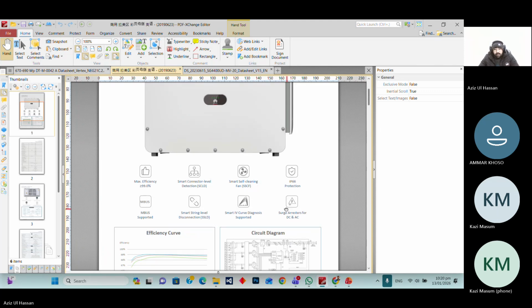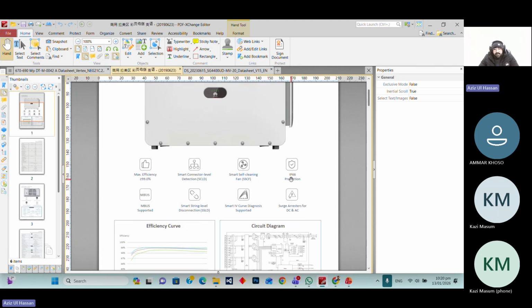Amar, I just give you some task. You have to find the IP ratings like 65, 64, 53. You have to prepare one list and share in the group. It is your task to prepare one list of the IP ratings and mention their protection against each IP rating.